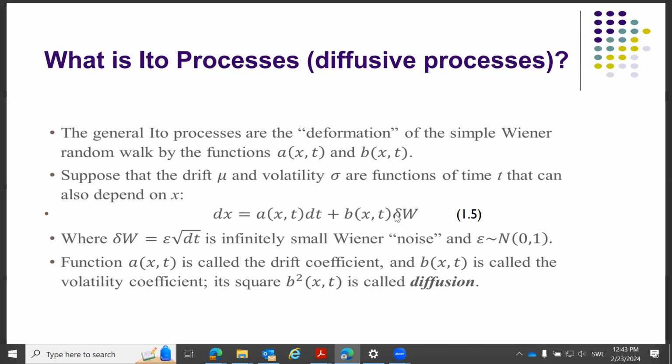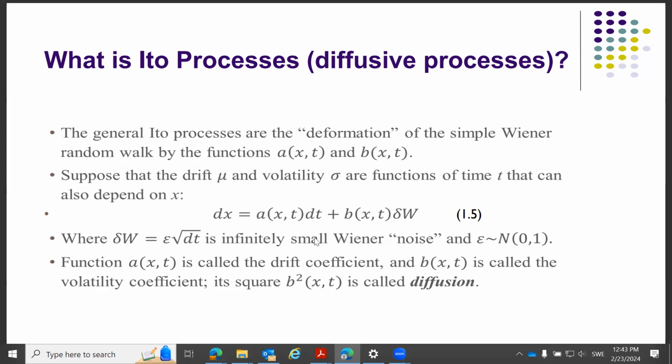But before that, I would like to note what the differential of W_t is. It is essential for us. We can write it as epsilon times the square root of dt, where epsilon is a small Wiener noise, white noise, with a standard normal distribution with mean 0 and variance 1.